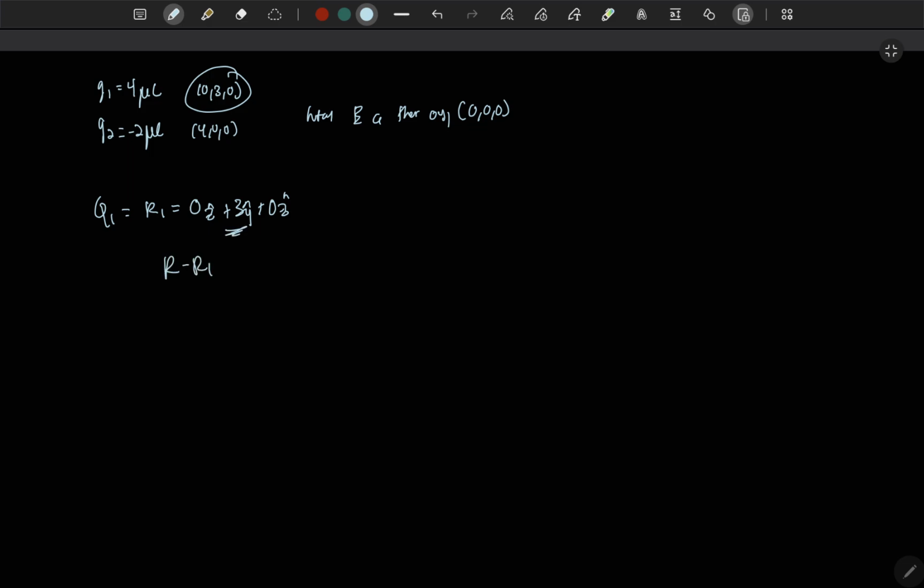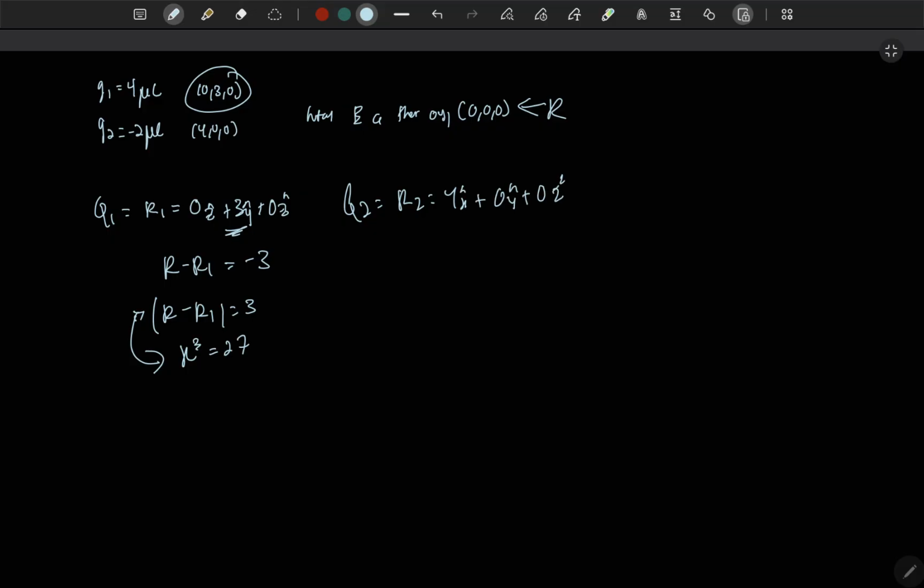Now R minus R1, where R is our origin, so 0 minus 3 is automatically negative 3y hat. So the modulus of R minus R1 becomes 3 and R cubed becomes 27. Now for Q2, if we write R2, we will get 4x hat plus 0y hat and 0z hat.